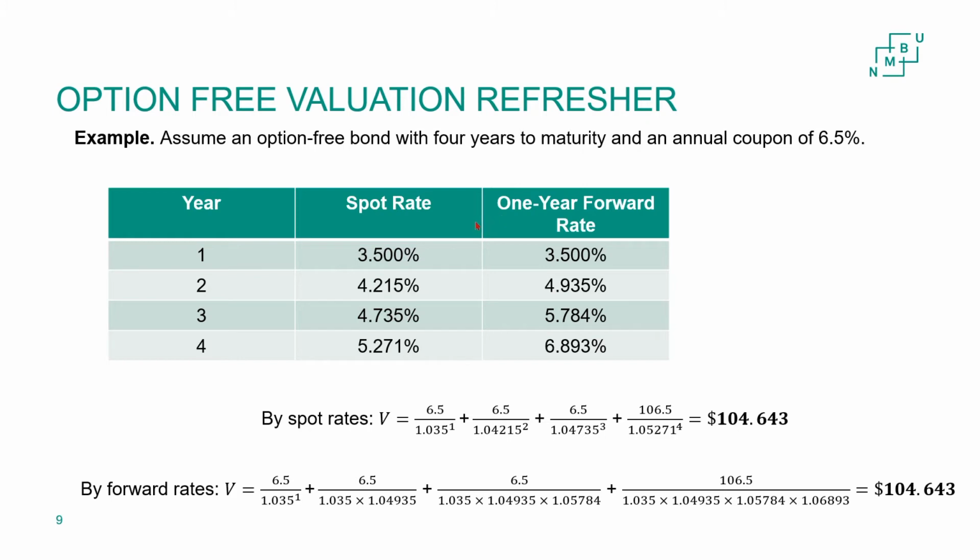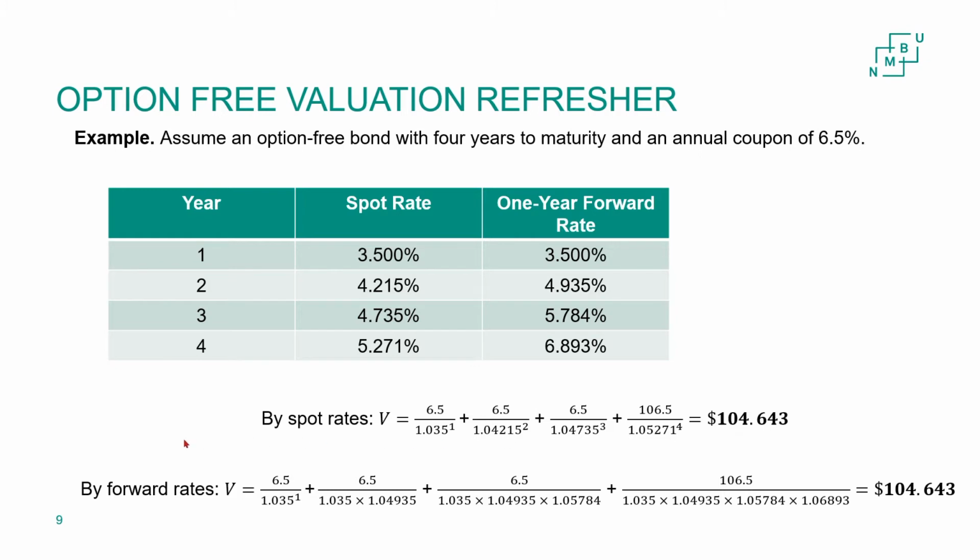If you use the spot rates, which you find here, then you discount the cash flows with the corresponding spot rate raised to the corresponding power, and this will give you the arbitrage-free value of the bond.